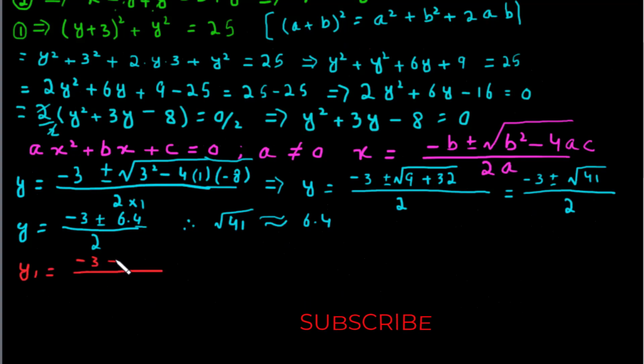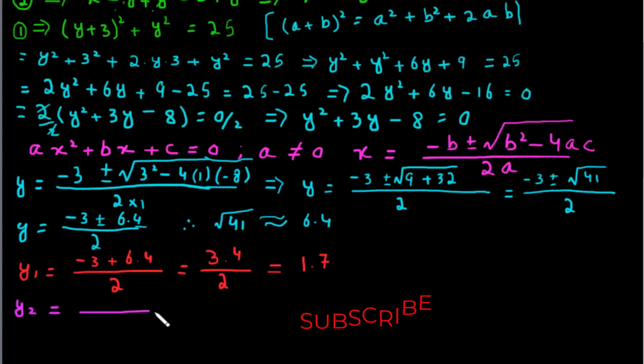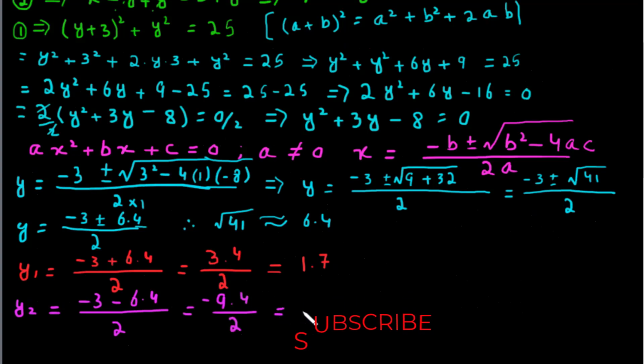So y sub 1 is minus 3 plus 6.4 divided by 2, which gives us 3.4 divided by 2, and this gives us 1.7. Now I will find y sub 2, which is minus 3 minus 6.4 with this subtraction sign, and this gives us minus 9.4 divided by 2, which is equal to minus 4.7.